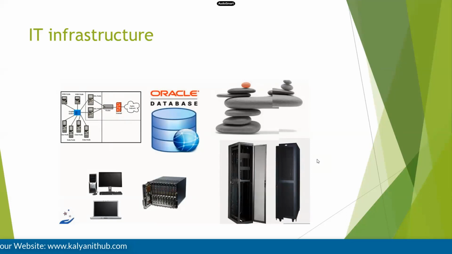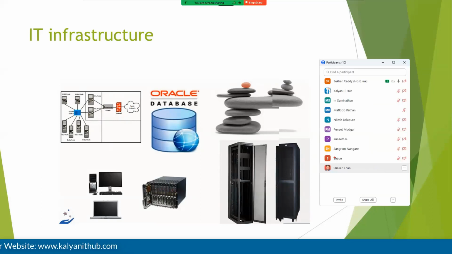Now, here we have included many things. Best example: if we enter into any organization in the world, whatever things are visible, we call it IT infrastructure. Can anyone tell me what things are visible when you enter any IT organization?